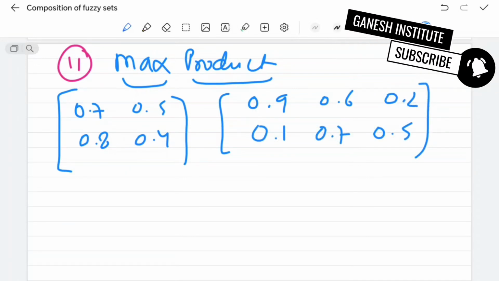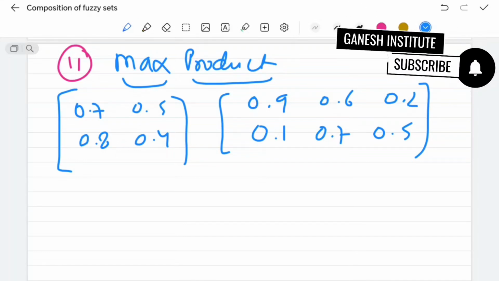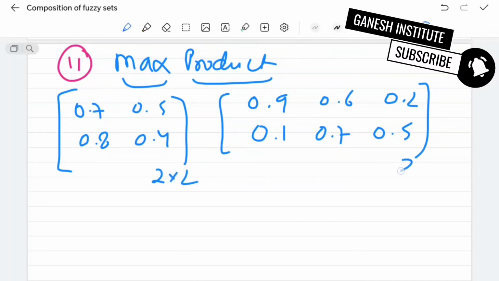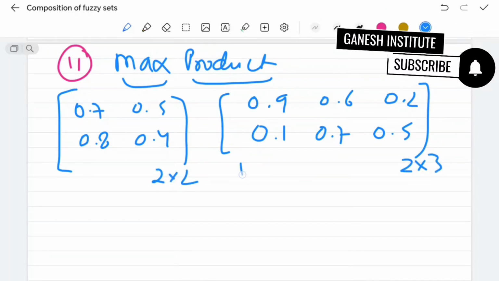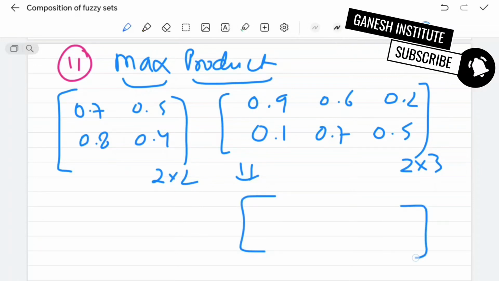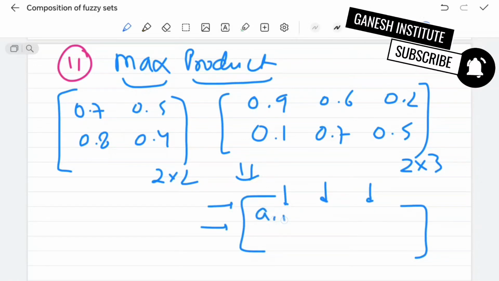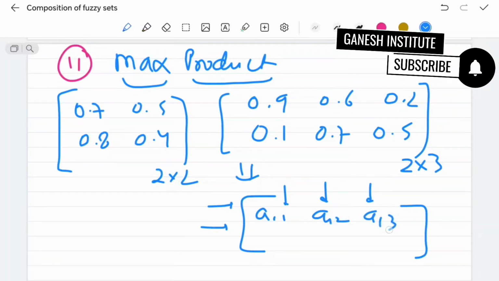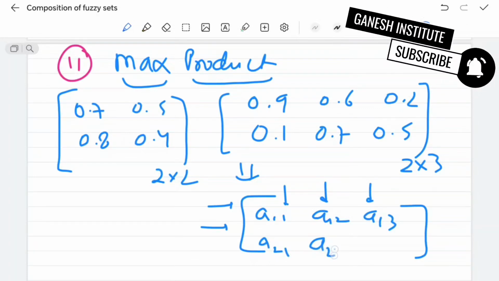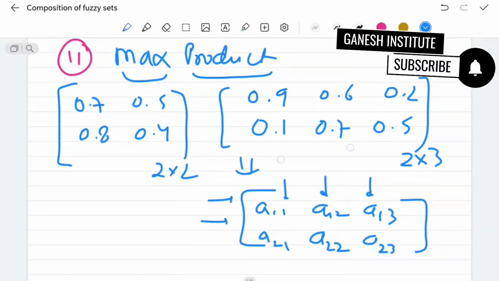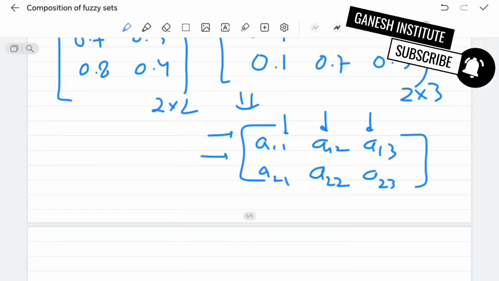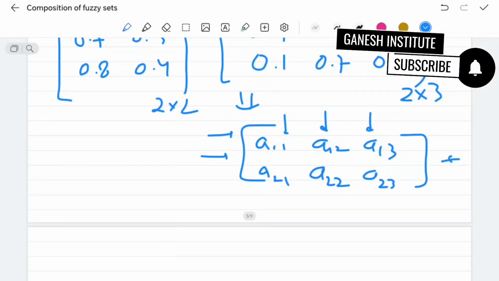Okay, so I need to again find out, because this is a 2 by 2 order matrix and a 2 by 3, the composition will be having 2 rows and 3 columns. Correct? So first is A11, A12, A13, A21, A22, A23. This is the standard matrix so that we cannot forget any of the elements.